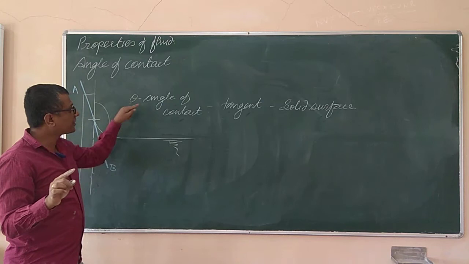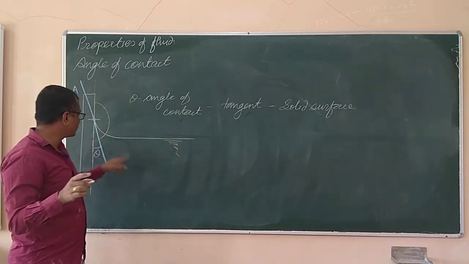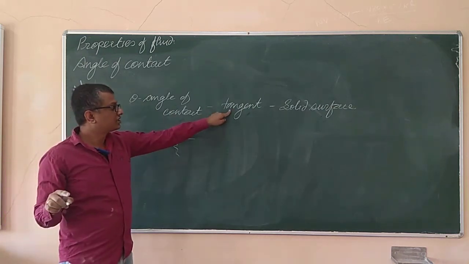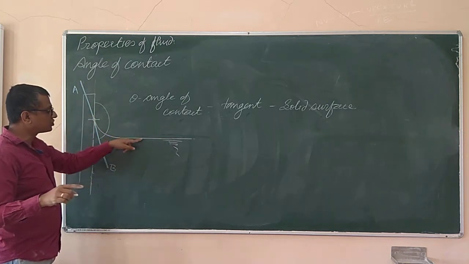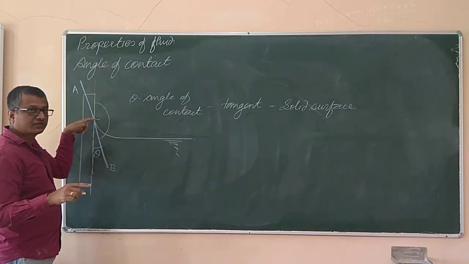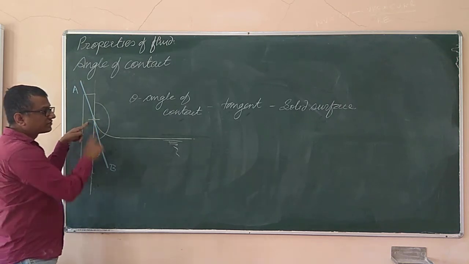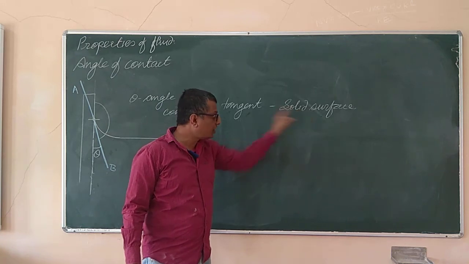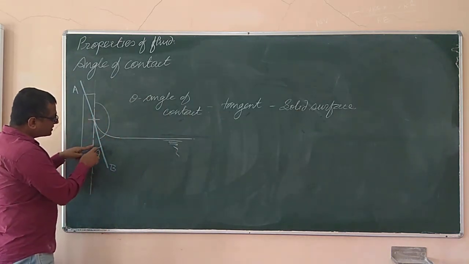I repeat the definition of angle of contact. The angle of contact of a liquid solid interface is the angle between the tangent drawn to the curvature of the free liquid surface at the point of contact with the solid surface, or the solid wall itself, taken inside the liquid.